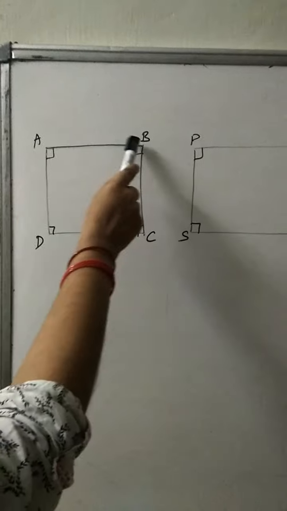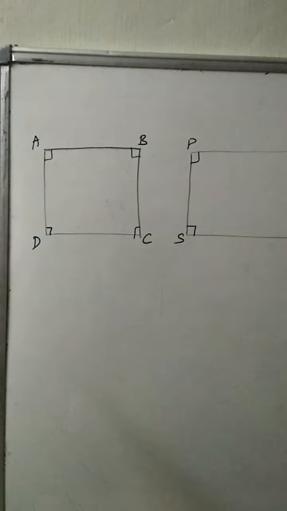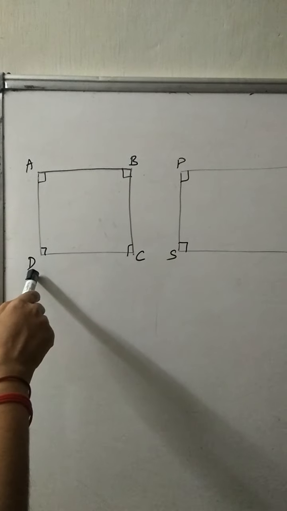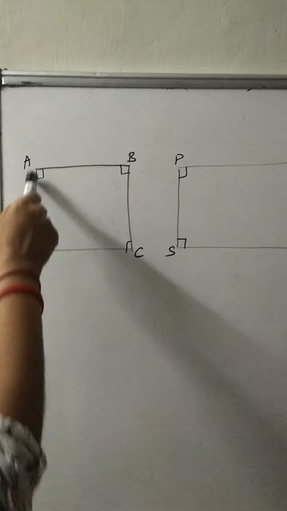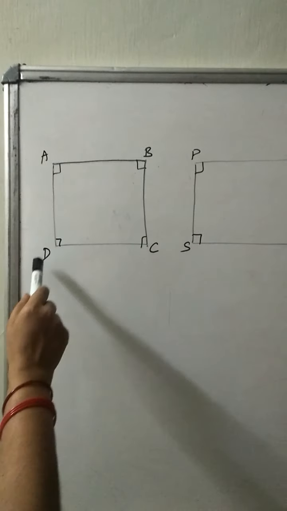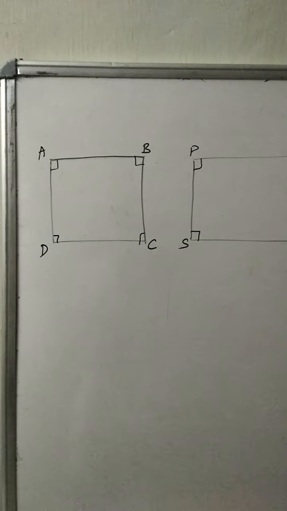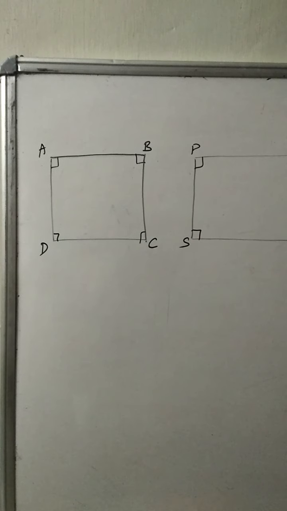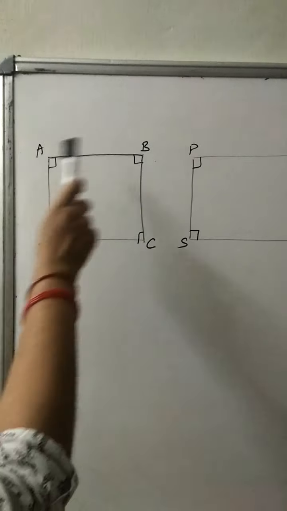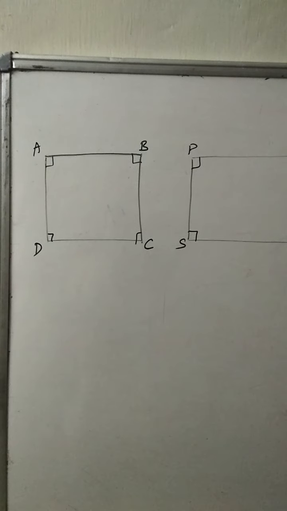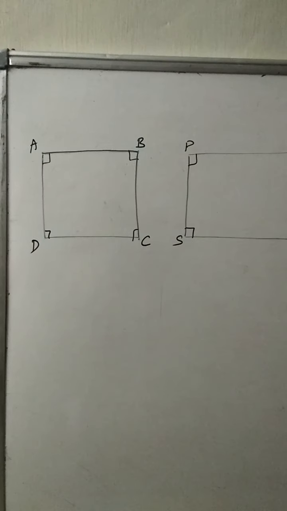That means AB is parallel to DC. Again, BC and AD are also opposite sides, so BC is parallel to AD and AB is parallel to DC. So this is the main property of a square. What is the main property? That all the 4 sides are equal. So I have discussed all the properties of a square.